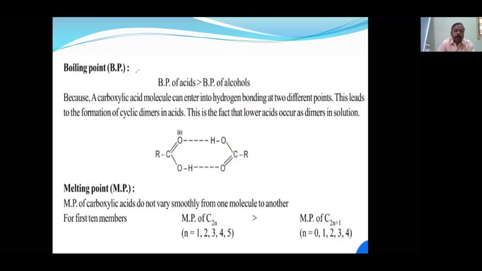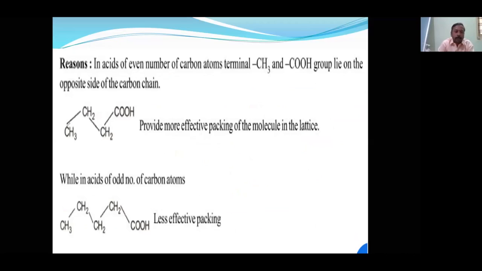Suppose it is an even number. See here, the alkyl group is on this side and the carboxylic group is on the other side, so packing can be done exactly, providing more effective packing. But once it is an odd number, with five carbons, it will be very difficult to pack them nearby.